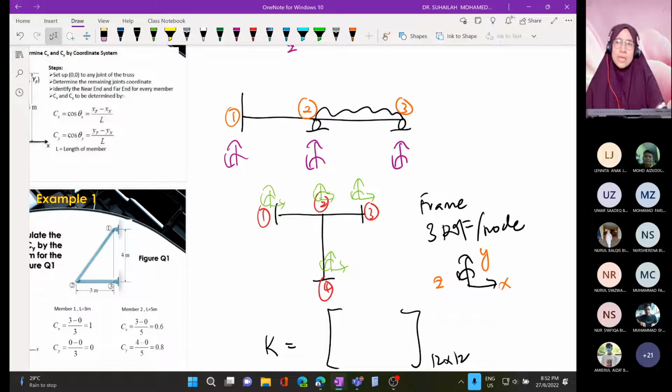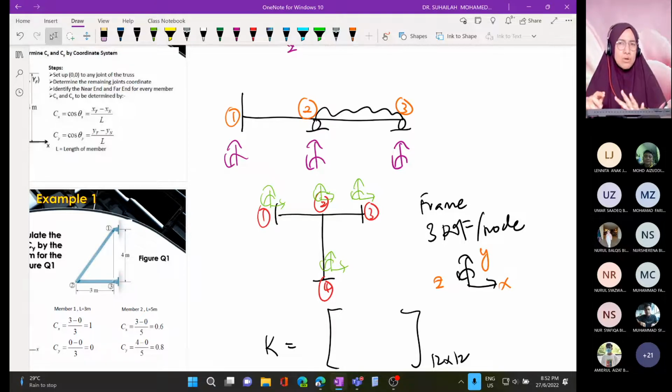Then we solve for the unknown displacements. Once the unknown displacements have been determined, we substitute back into the equation and, using matrix multiplication, calculate the reactions at the support.